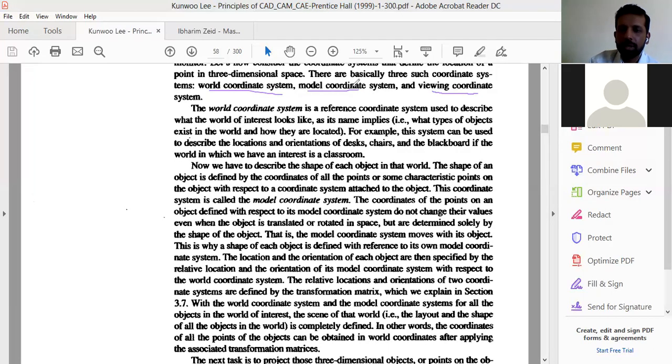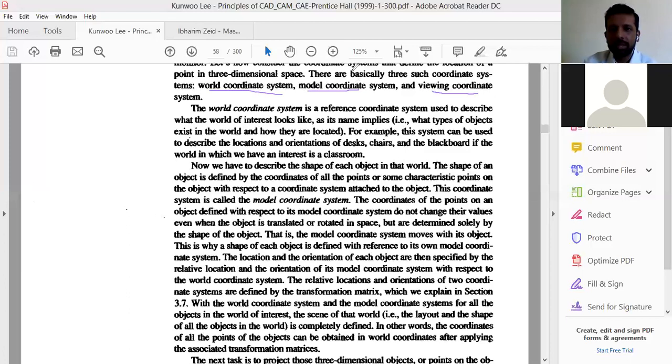Then comes the model coordinate system. The model coordinate system is nothing but, if we take up a CAD model and we are going to do a part modeling, in this part modeling we will be selecting one particular plane, whether it's the XZ plane or YZ plane, and selecting that particular plane, we will start sketching the 2D drawing, and then come out of it after sketching and convert it into a 3D drawing by extrusion or revolved protrusion or cutout, anything like that.